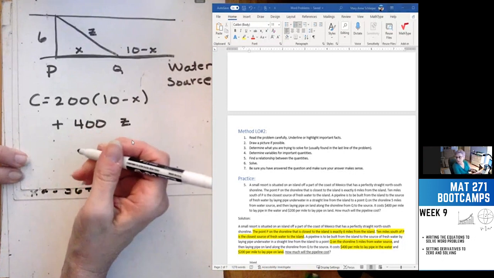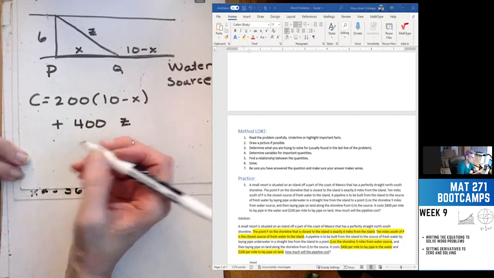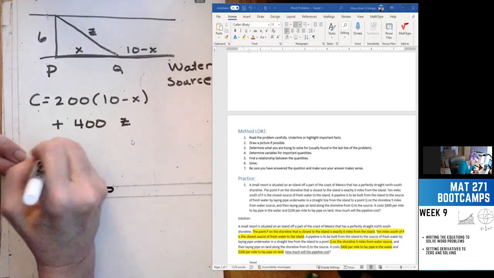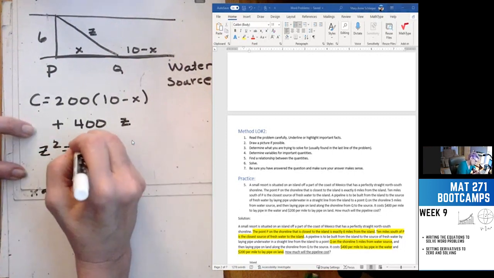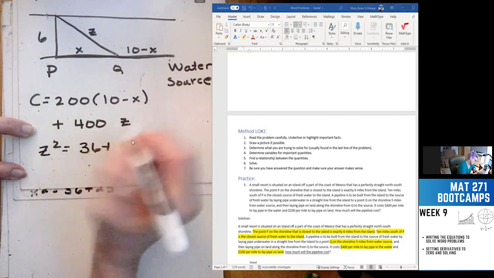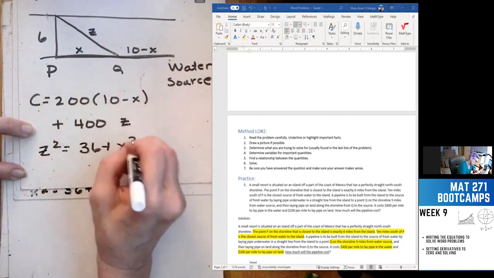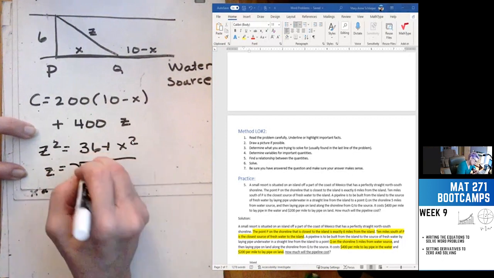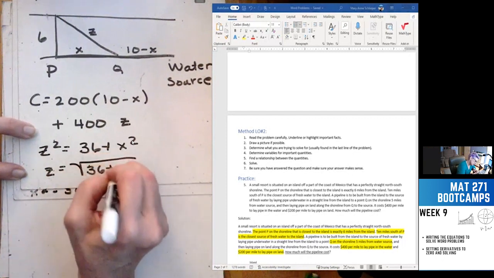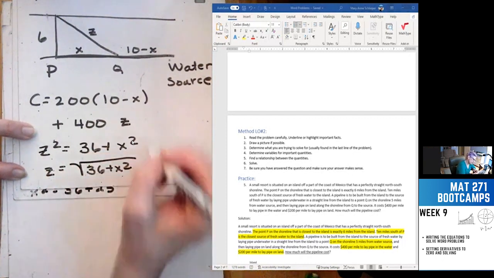And again, that's a job for our old pal Pythagoras, because Z squared is equal to 6 squared plus X squared. So Z is equal to the square root of 36 plus X squared.